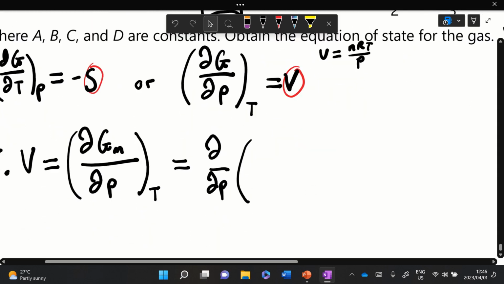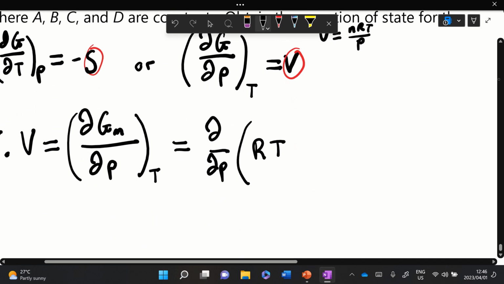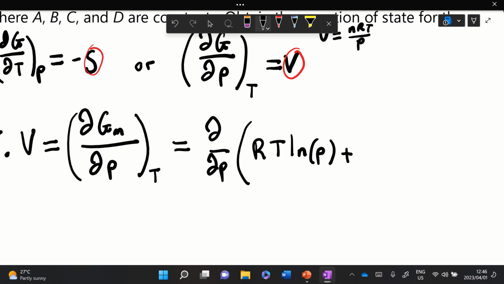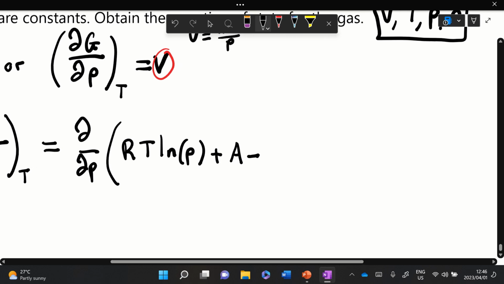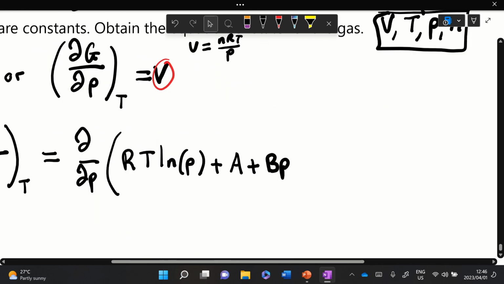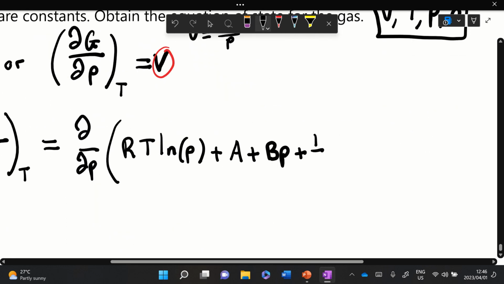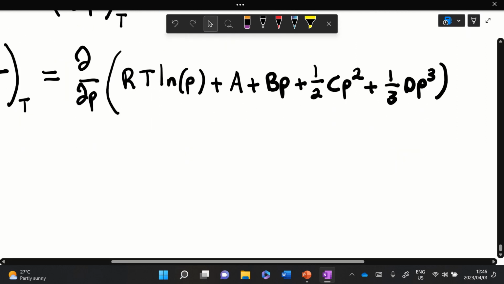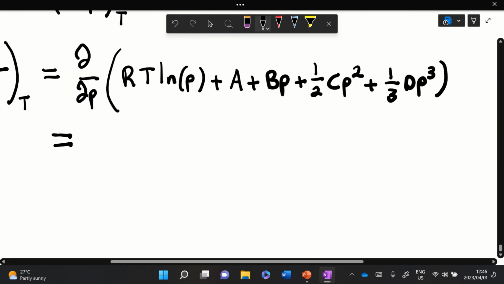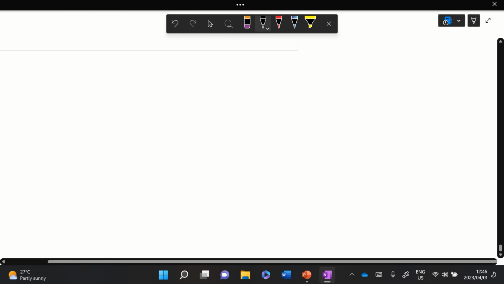It's RT ln P plus A plus BP plus a half CP squared plus a third DP cubed.